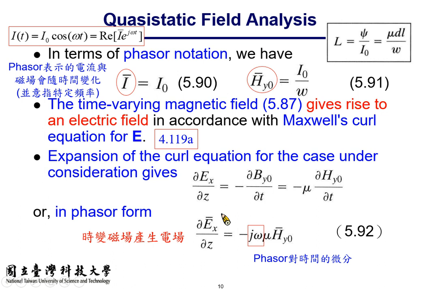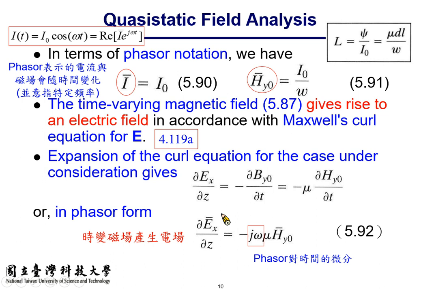But whenever you bump into the time derivative operator, you can put a j omega term on this to complete the time derivative. So when you meet a time derivative, give it a j omega; when you meet a second derivative, give it j omega squared. So time derivatives are actually not hard to handle.